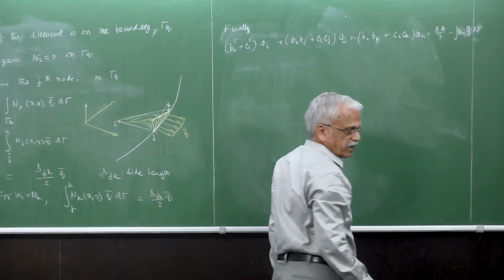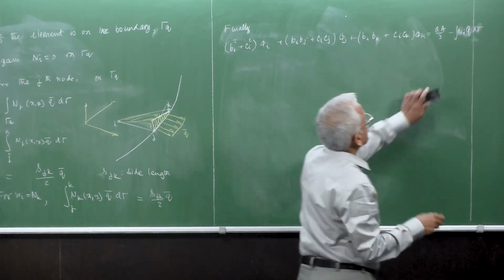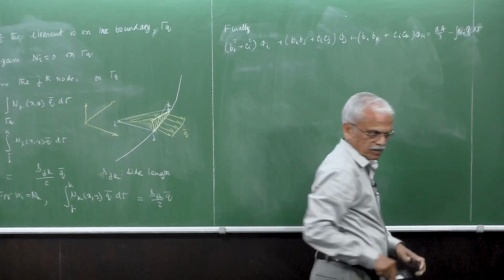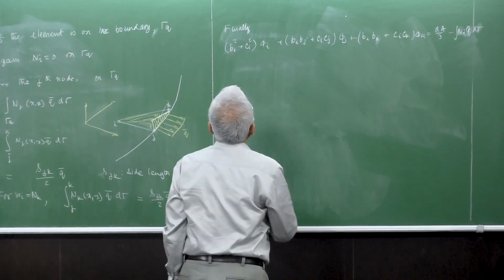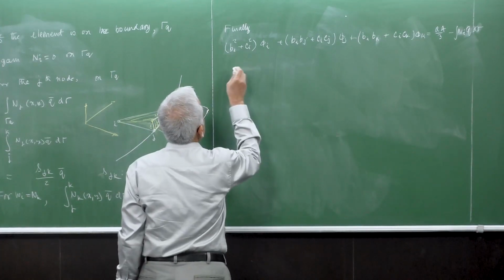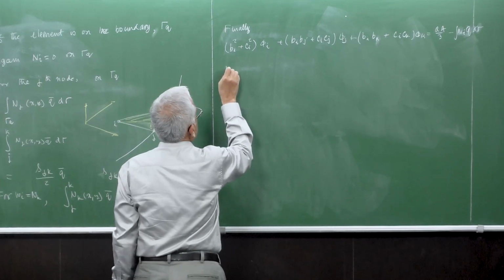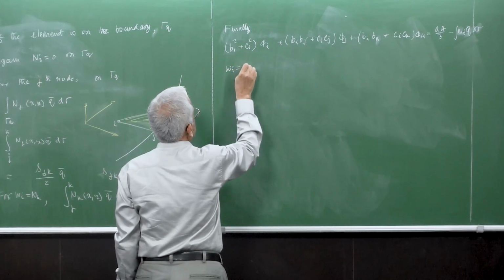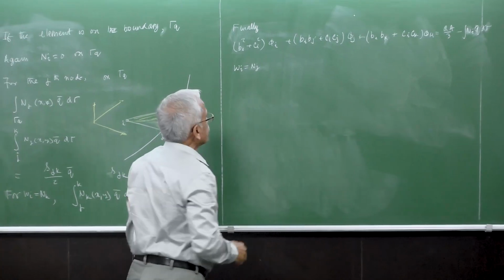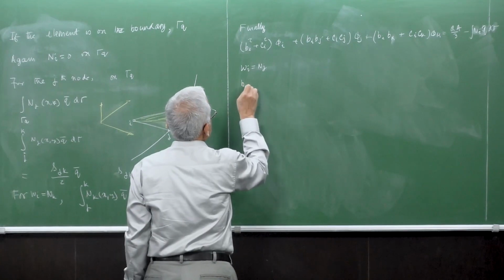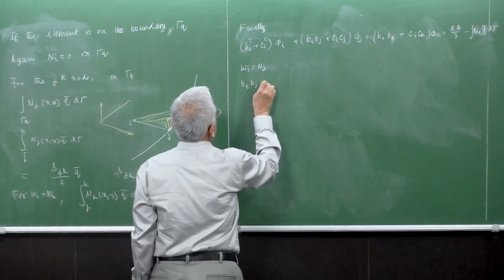I'll leave it there. So this is using Wi equal to Ni. Using Wi equal to Nj, we have a similar equation. Last time I already indicated.